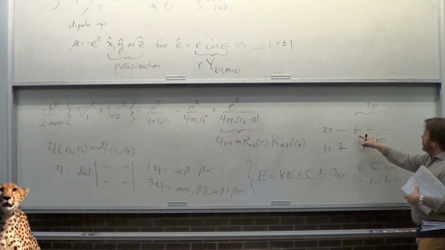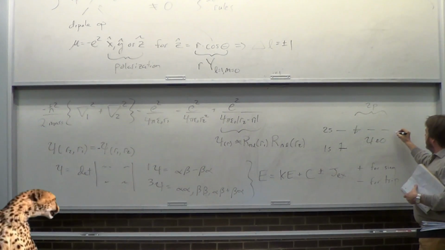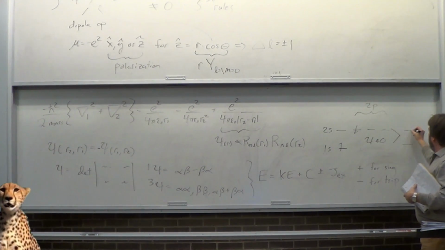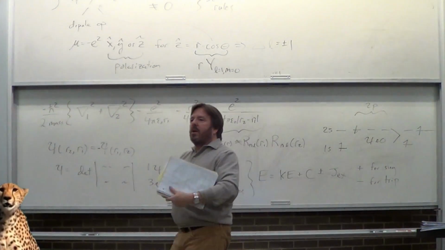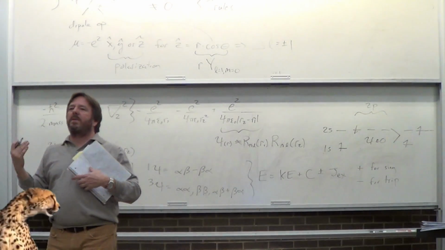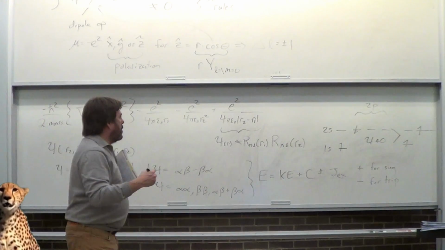And that's why this singlet wave function is higher in energy than this triplet. Recall that, because I'm out of time, the way singlets and triplets convert between each other is through spin-orbit coupling.